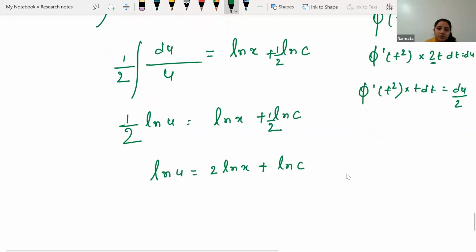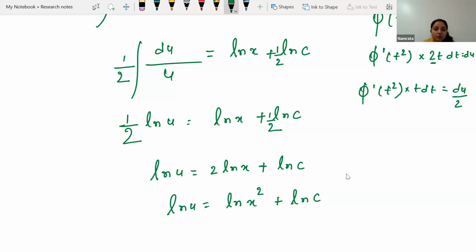The 1 by 2 we have just cancelled out. So we have logarithm of x square over here, ln c over here, and u over here. So u is equal to x square into c. Can you see?